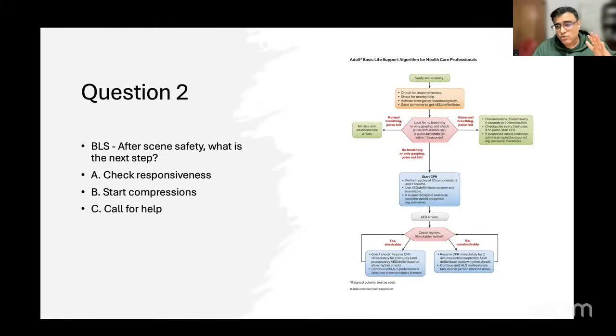You have to follow those protocols very algorithmically and systematically. After scene safety, you have to check for responsiveness. So the correct answer was A, check for responsiveness.